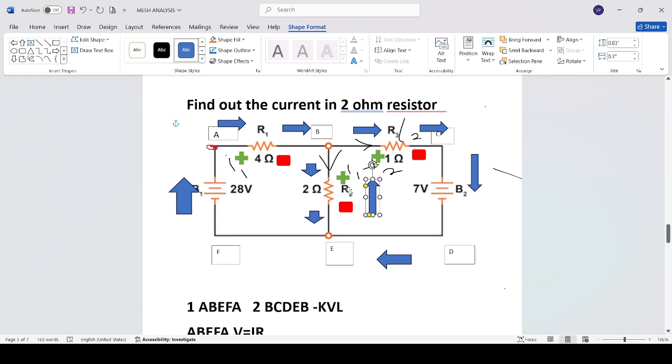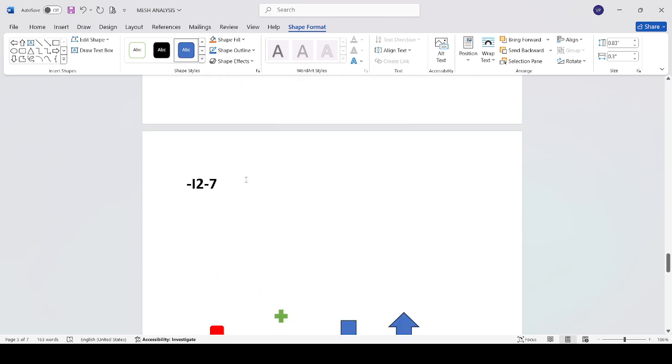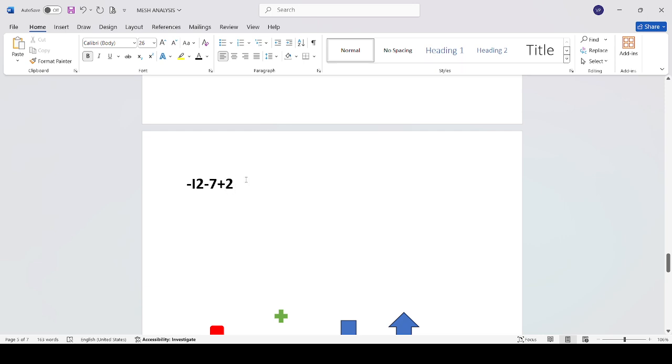When it is moving in the upward direction, minus to plus means it is a potential rise. So we need to write here plus 2 times (I1 minus I2).